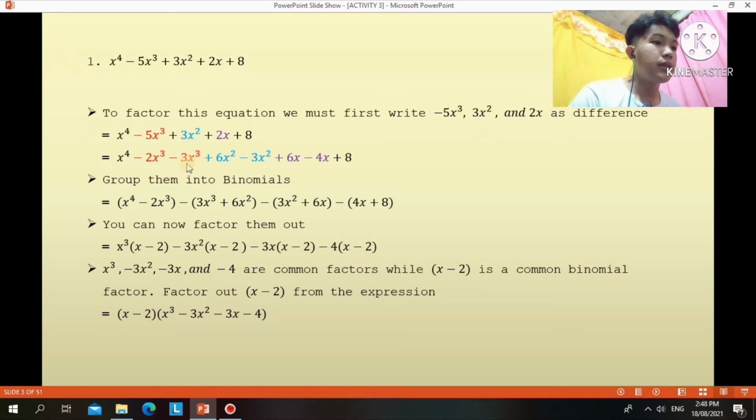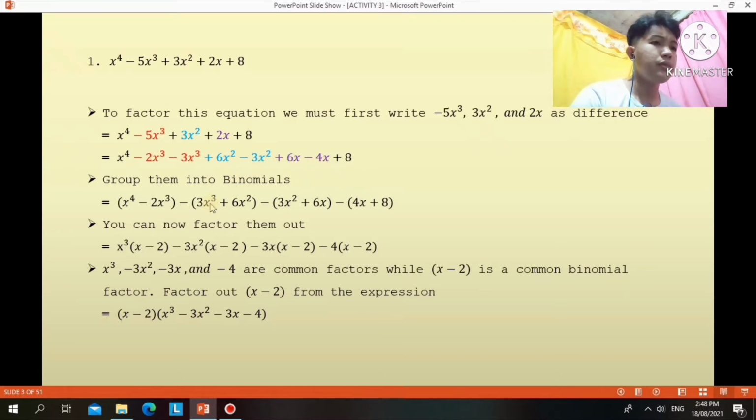The difference for 3x squared is positive 6x squared minus 3x squared, and the difference for 2x is positive 6x minus 4x. So our equation will be x raised to 4 minus 2x cubed minus 3x cubed plus 6x squared minus 3x squared plus 6x minus 4x plus 8.